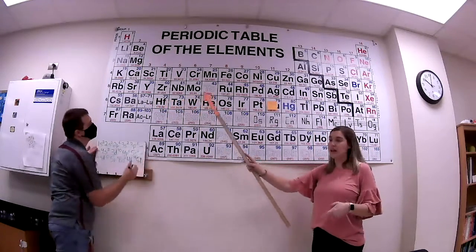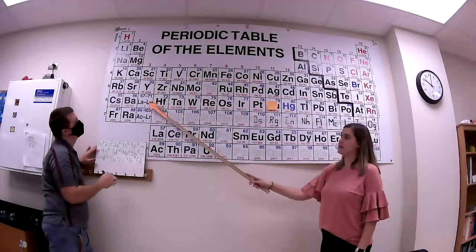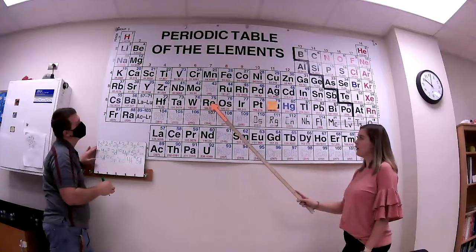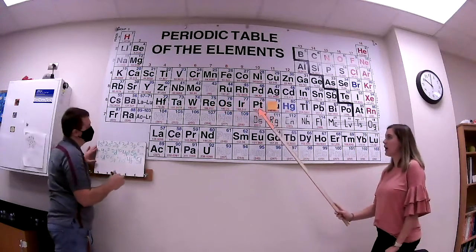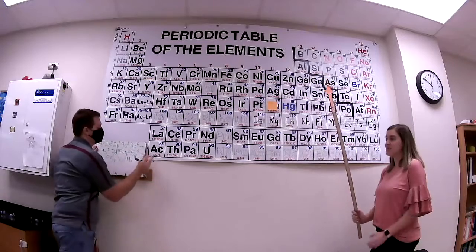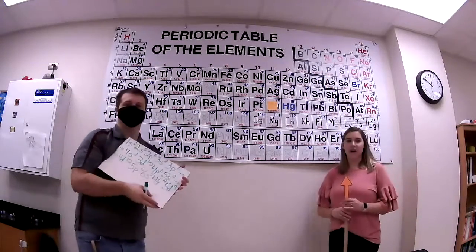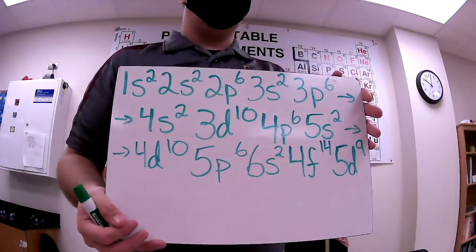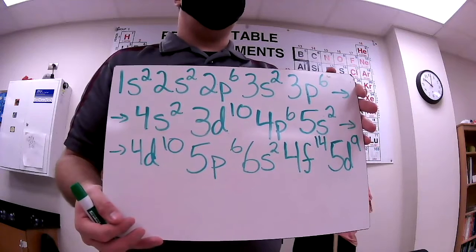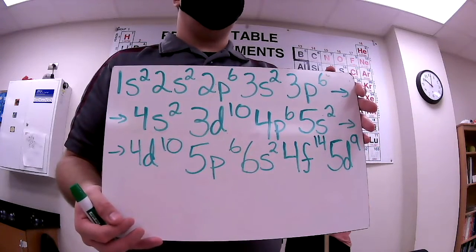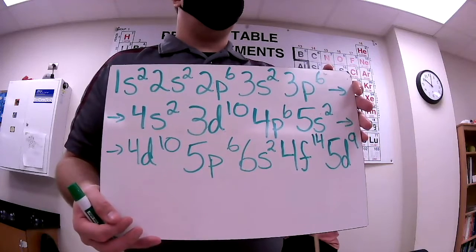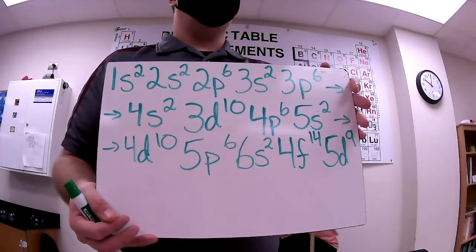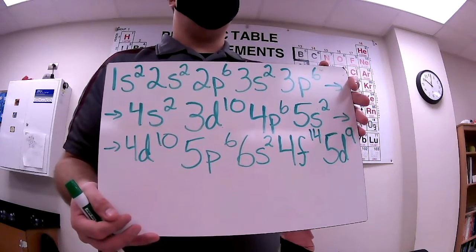So we have 5D, and then we're gonna count how many boxes. So this is an imaginary one. 1, 2, 3, 4, 5, 6, 7, 8, 9. 5D9. So our final electron configuration is 1s2, 2s2, 2p6, 3s2, 3p6, 4s2, 3d10, 4p6, 5s2, 4d10, 5p6, 6s2, 4f14, 5d9.